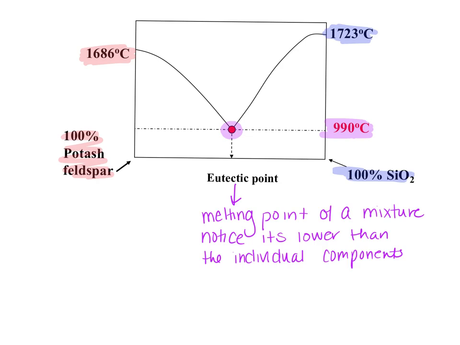Right? So when we mix the potash feldspar and silica in a 50-50 ratio here, then what we see is it's low, it's like 990. If we increase one or the other, we'll see that it'll gradually creep back up again. But if we have that mixture, it'll be right there kind of at its lowest point.